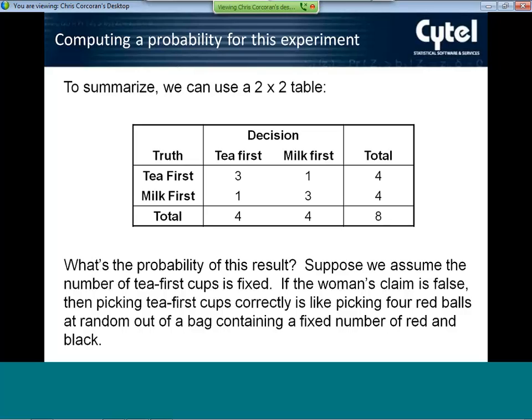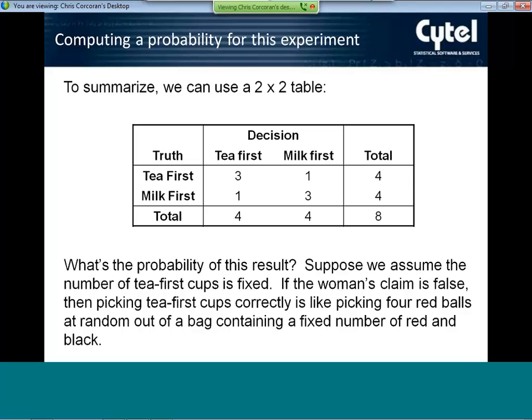And the question is, what's the probability of this? Well, assuming she doesn't know what she's talking about and she can't identify tea or milk first cups in the way that she claimed, then really this is just a bag of red and black balls. So all she's really doing is choosing 4 balls at random, and picking 3 out of the 4 tea first cups correctly is like picking 3 out of 4 red balls from a bag of 8 just by chance.